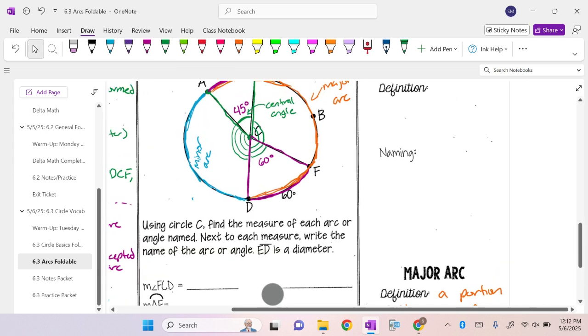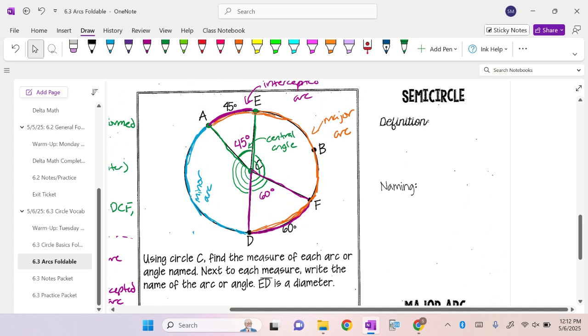Now, to name this arc that I just drew out, the orange arc, you always want to have its 2 endpoints. So we have to have A and D somewhere in there. The other point does not matter because we could choose either E, B, or F. As long as it's a point in between those 2 endpoints that is on that major arc, that's any way we can name it.